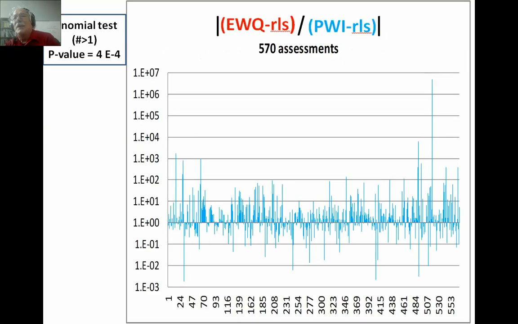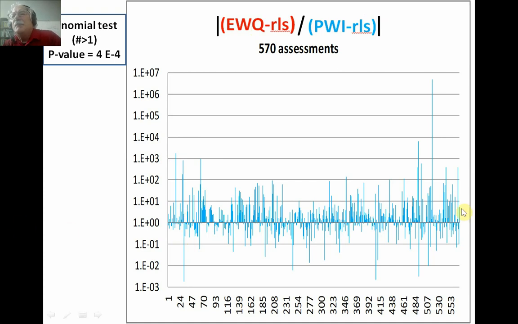And this is the picture we get. Okay, so here you see the value 1. So if this line is above 1, it means that this ratio is above 1, which means that the equal weight forecaster is further away from the realization than the PWI forecaster. If this is below 1, it means conversely that PWI is further than the equal weight combination.